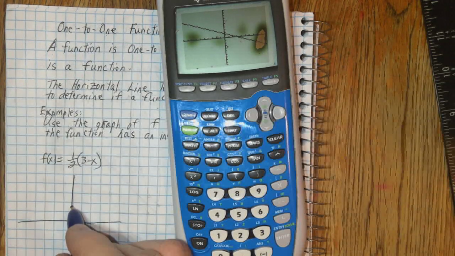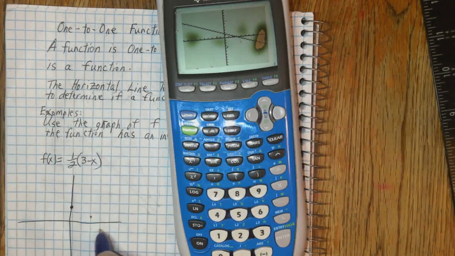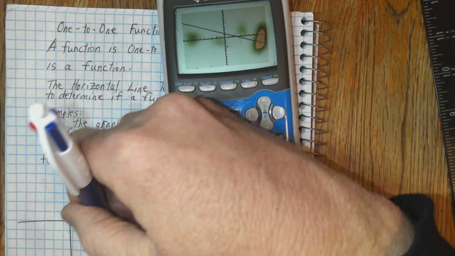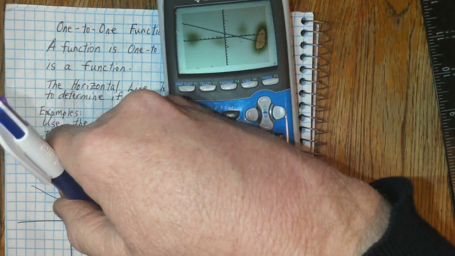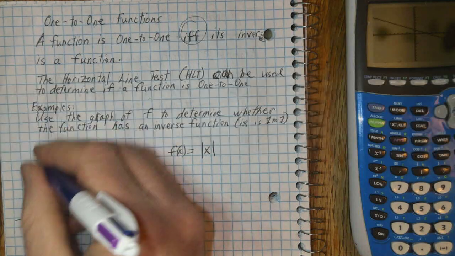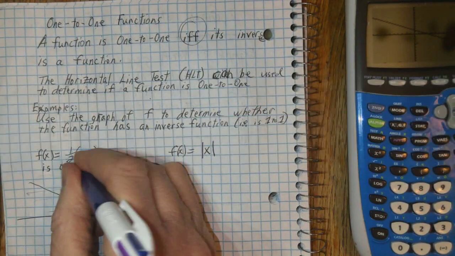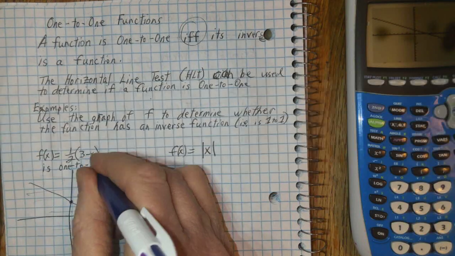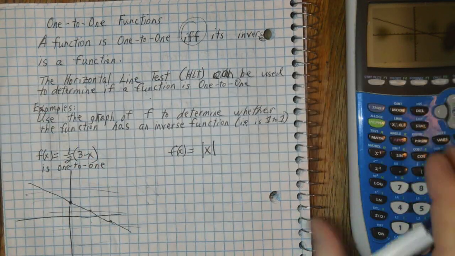So if I go down 1 and over 2, your line looks kind of like this. Just for your notes, just to have something. Any horizontal line is only going to touch it once. f of x is one-to-one, because the inverse is a function.